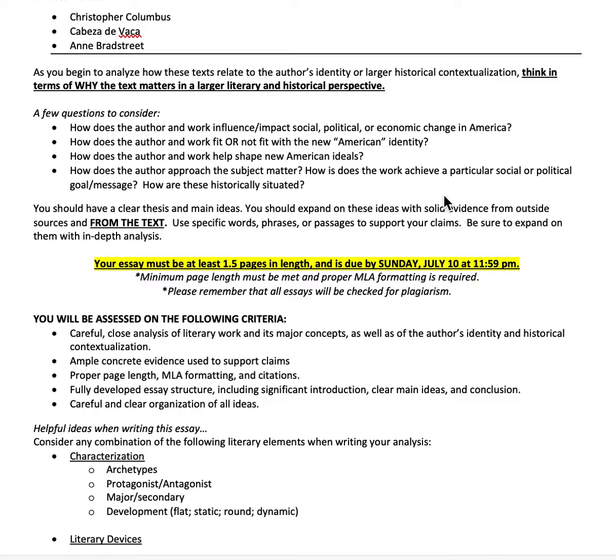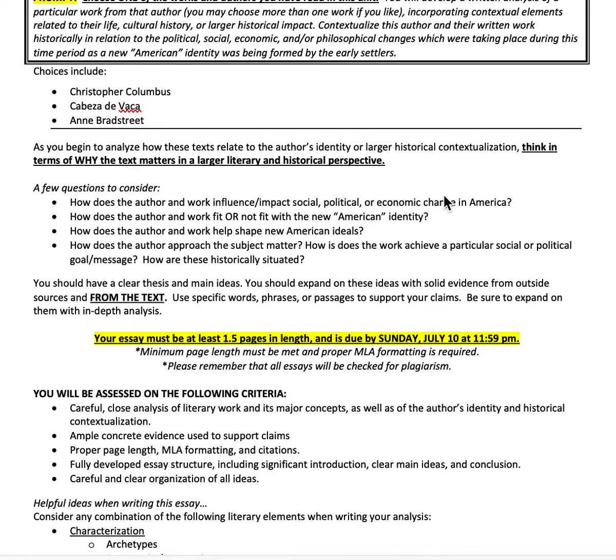Make sure that you have a clear introduction with a thesis claim and main ideas. Each of your main ideas should have solid evidence from the text to help support it. For example, if you are talking about how De Vaca describes the native people with imagery, and why that's important, he makes sure that they seem like fully fleshed-out human beings.